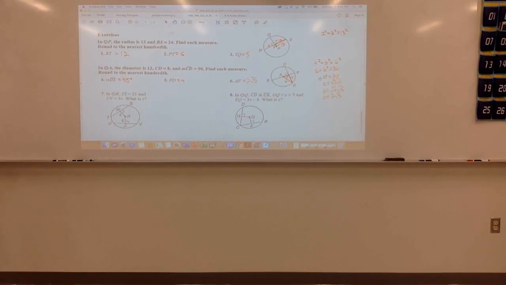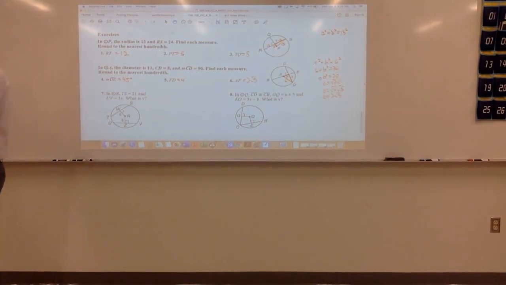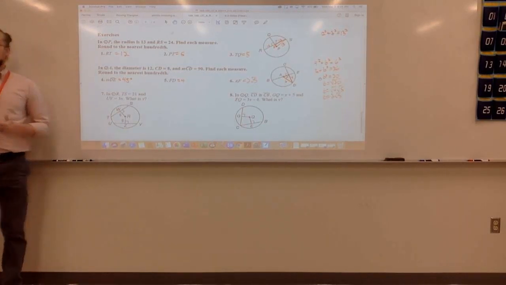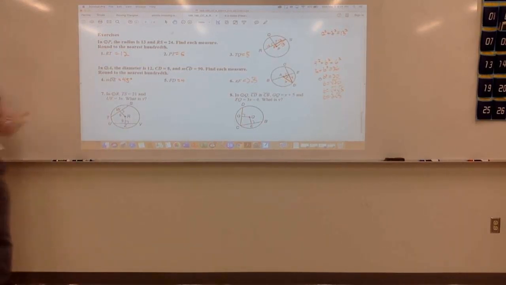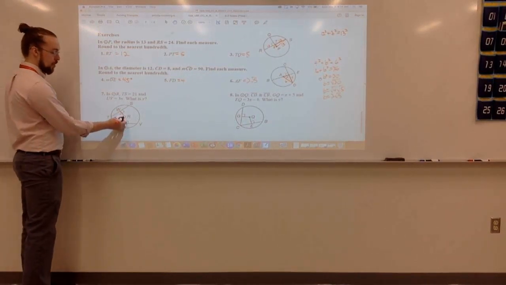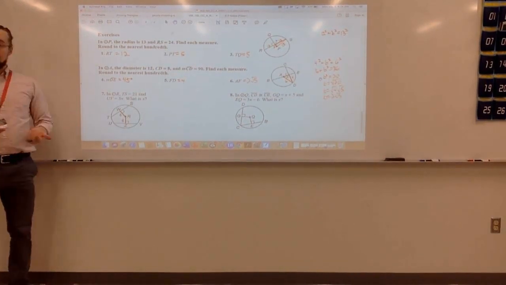Alright, real quick, the last 2 have to do with the last bullet point up top: that if 2 chords are congruent, they are equidistant from the center, and vice versa. So in number 7 here, I'm told that these chords are the same distance from the center. They're both a distance of 6.